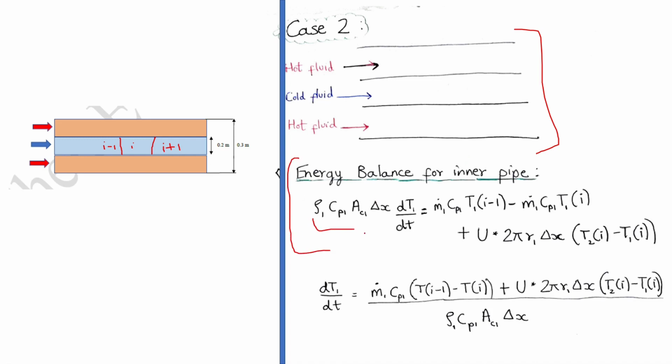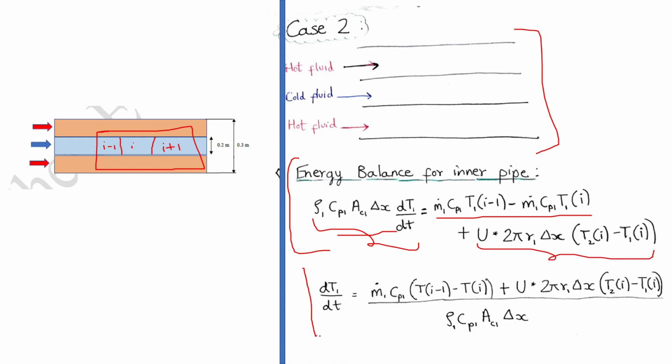So we have energy balance. Again, we take this element of the inner pipe, and we have the accumulation term, and the difference in energy due to flow, and the difference in energy due to heat transfer, giving this final differential equation.